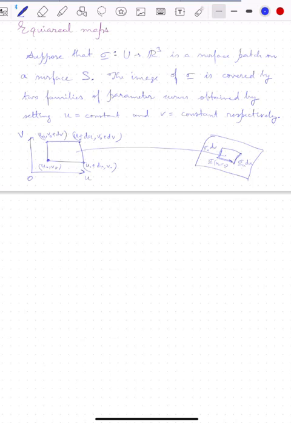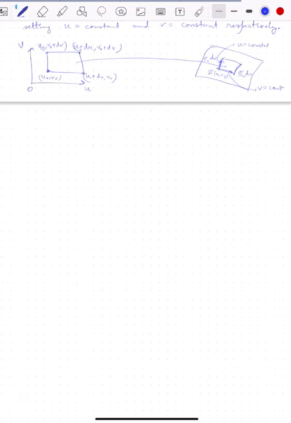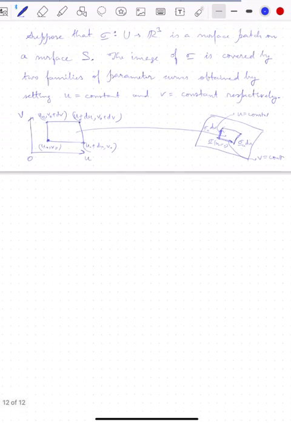So this is how we are mapping it. Along this is the u equals constant line, and this is the v equals constant line. Locally, it's as if we have a rectangle in the infinitesimal imagination, some sort of small rectangle, or small parallelogram. Then what we'll have is the area of this.